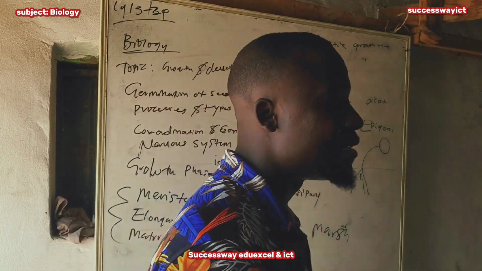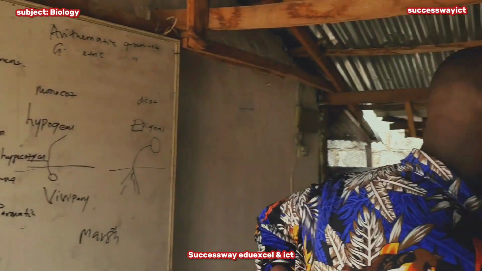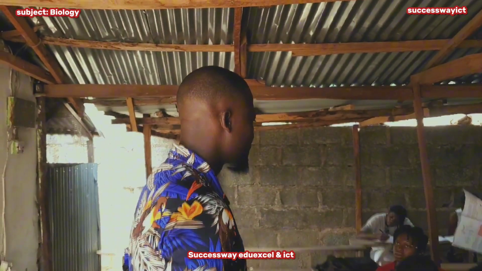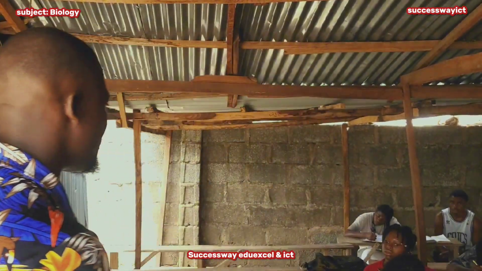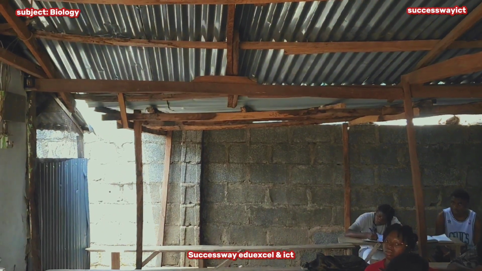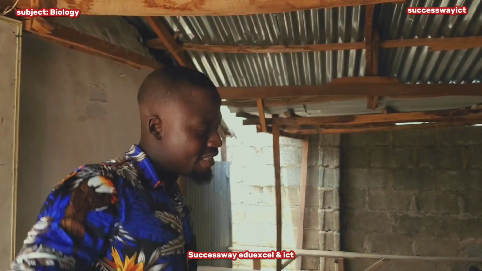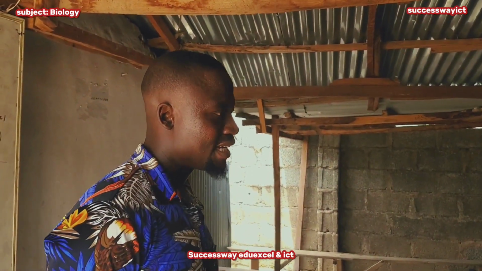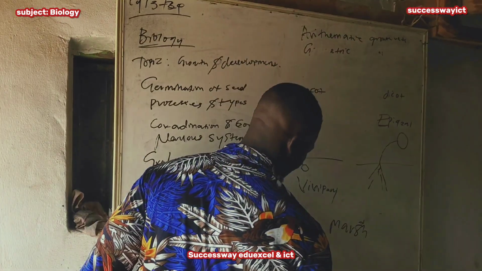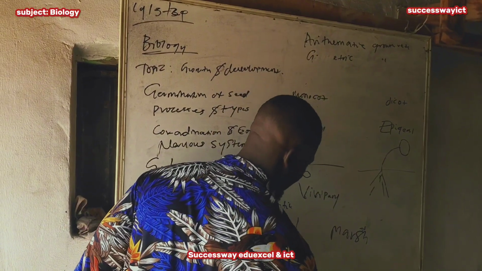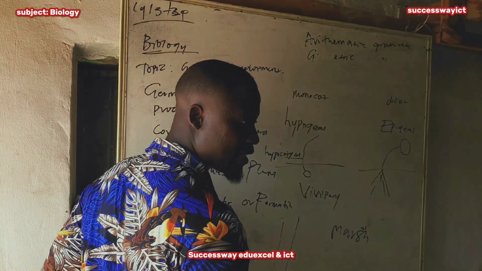Now, what about vivipary? I said there are some plants like red mangrove and white mangrove. In mangrove plants, the offspring grow from their parents. Do you understand? Let's say this is a parent plant.